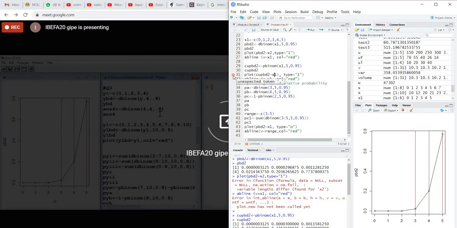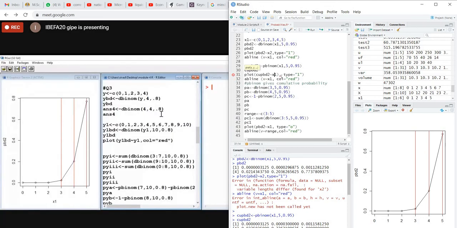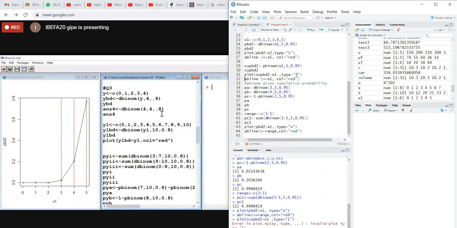Y, I denote Y now for question number 3. Y is the number of students who have the average score of 80% or they improve. 0, 1, 2, 3, 4.